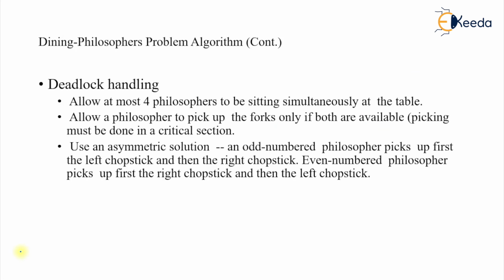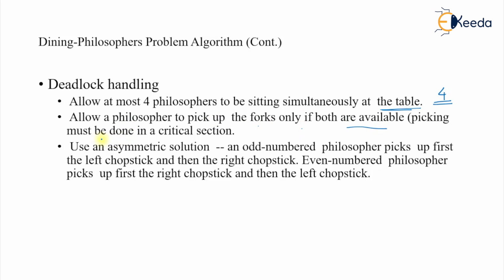Now what can be the solution? Deadlock handling. To break the deadlock, at most 4 philosophers will be sitting simultaneously at the table, not 5, but 4. What can be another solution? Allow a philosopher to pick the forks only if both are available.